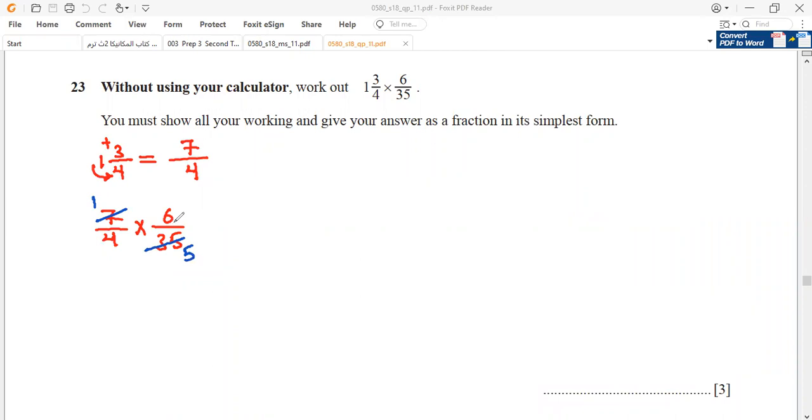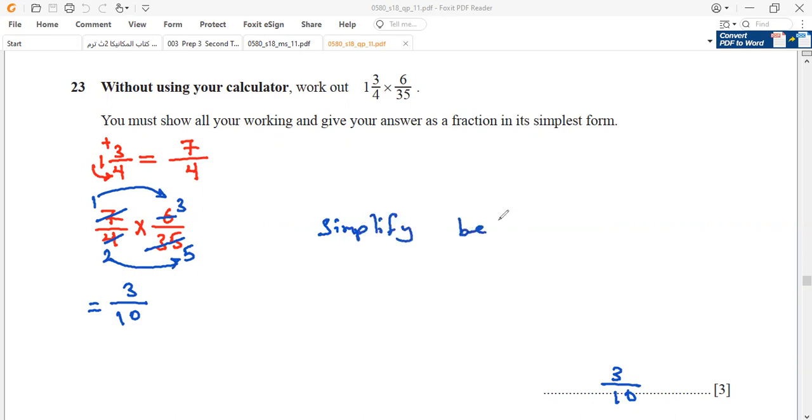And we can also simplify 6 with 4, divided by 2. 6 divided by 2 equals 3, and 4 divided by 2 equals 2. So 1 multiplied by 3 is 3, and 2 multiplied by 5 is 10. So the answer will be 3 over 10. Don't forget, simplify before you multiply. We should do that.